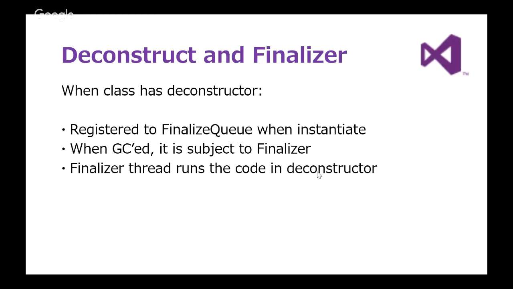And then when GC'd, when unrooted, it is subject to the finalizer. There is a finalizer thread that does all the things about finalizing. Because the garbage collector cannot release such an object directly, they are just put into the finalizer queue. Then the finalizer is the one that checks all the unmanaged objects to release everything.